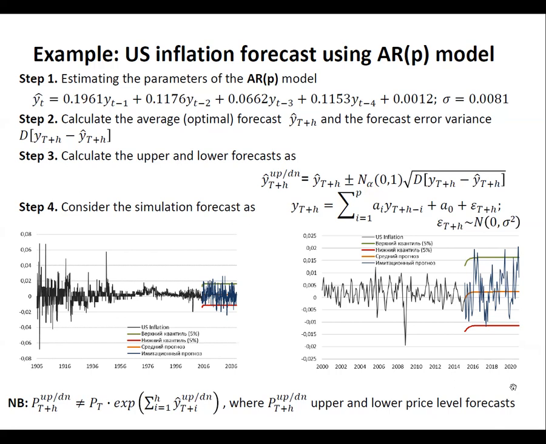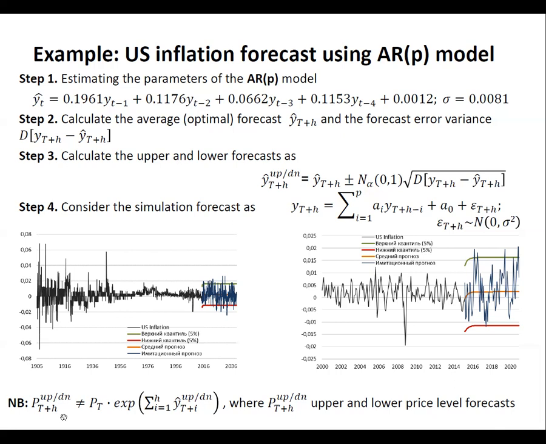If we simply apply the properties of log return and try to raise this forecast to an exponent and multiply by some initial value of the price level, then this formula will not work.